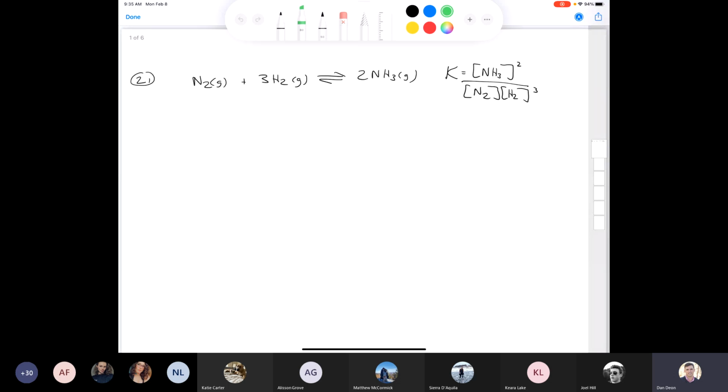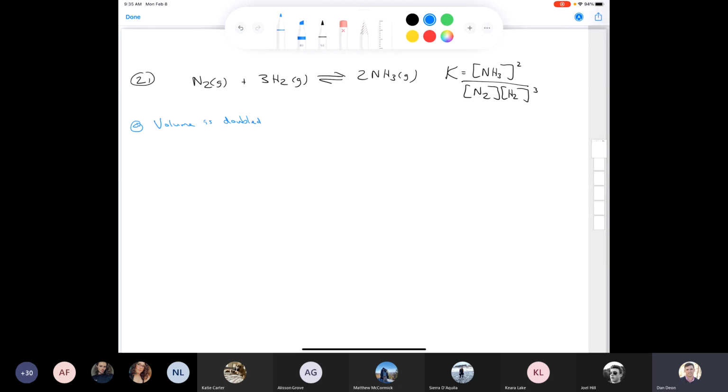And let's take a look at what would happen if we were to change the volume. So A, let's say volume is doubled. Okay? If the volume is doubled, that means the concentration of everything is going to be half as much, right?